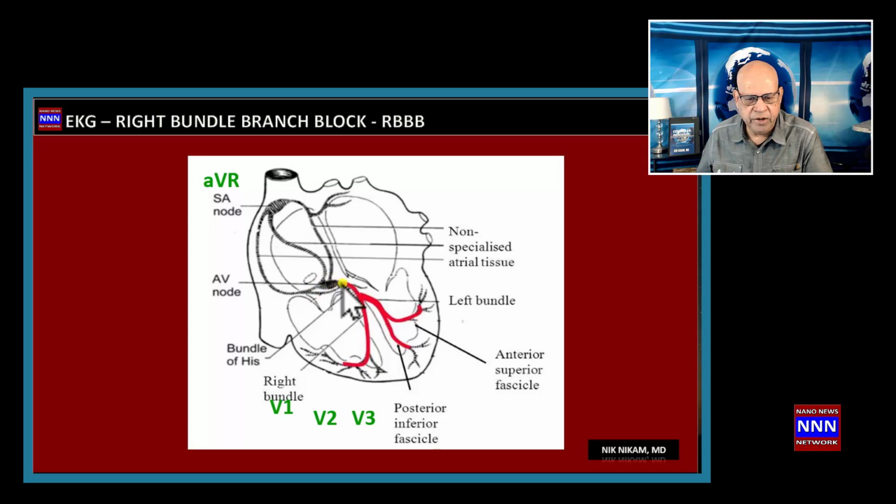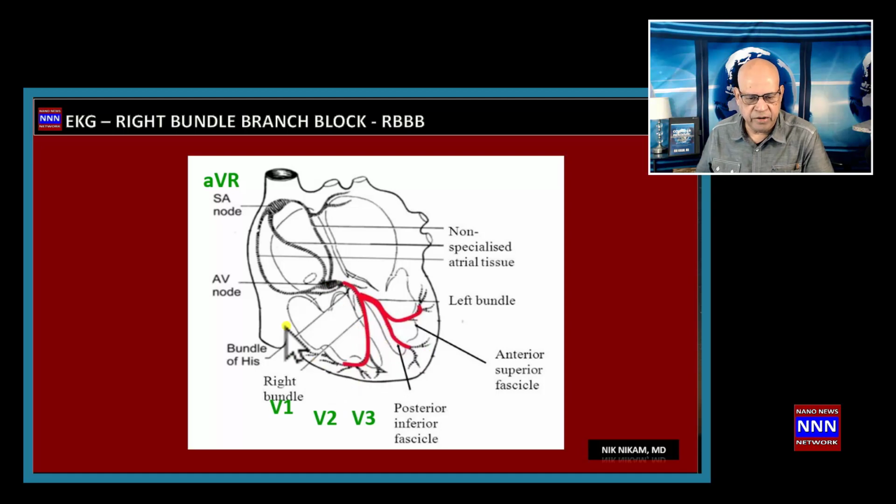From the AV node, we get the bundle of His, which divides into the right bundle and the left bundle. The right bundle has a single trunk which traverses through the septum, and for the most part, its Purkinje system supplies the right ventricle, whereas the left bundle supplies the left ventricle and the septum also.